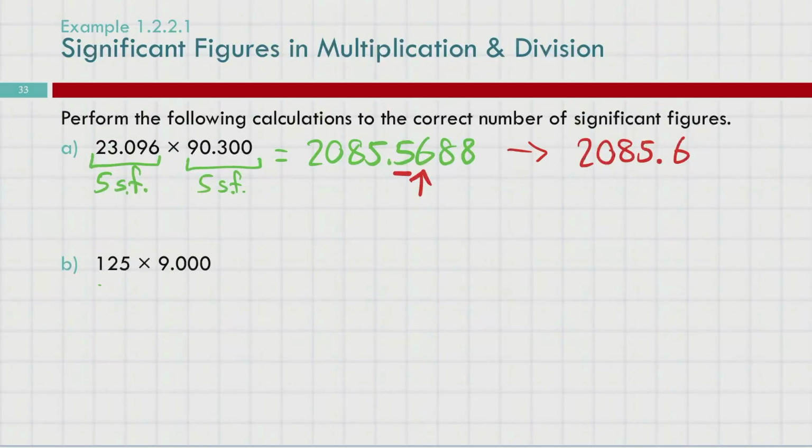In B, we have 3 significant figures and 4 significant figures. We've got the written decimal point, so all of these zeros are significant since they're trailing. Is our answer going to have 3 significant figures or 4 significant figures after we round it? 3, we pick the smaller one.